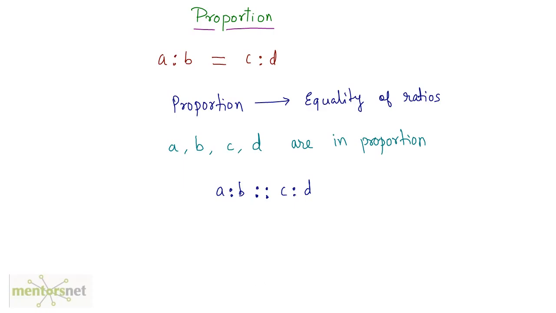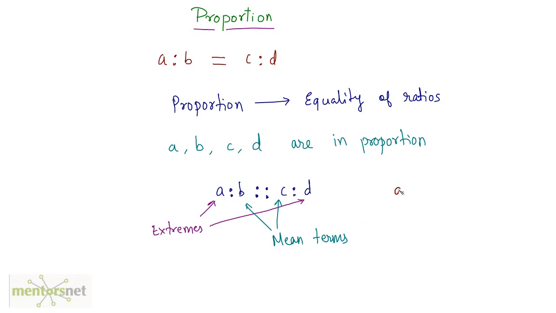Now let us look at the terminology that is related to proportions. These terms A and D are basically called extremes, and the terms which are inside, B and C, are the mean terms. So remember this terminology and a property, which is: the product of extremes is equal to the product of means.